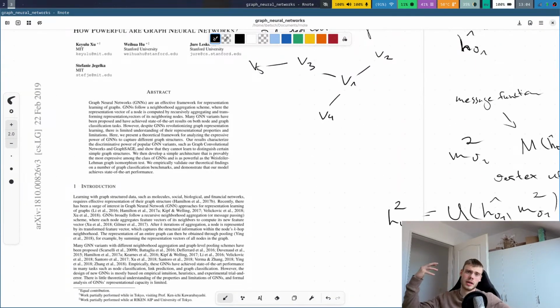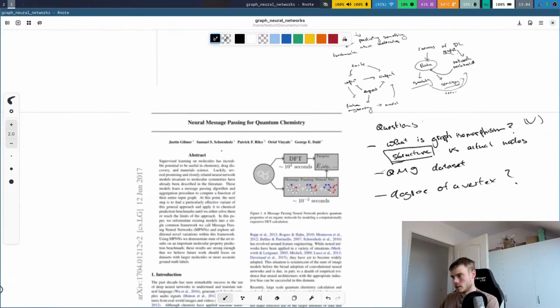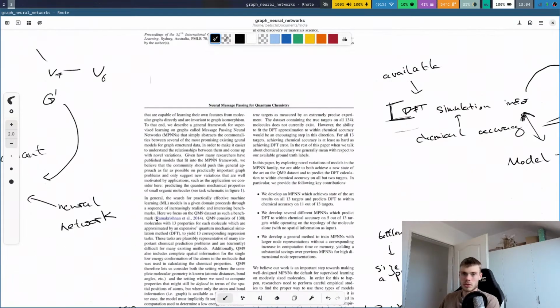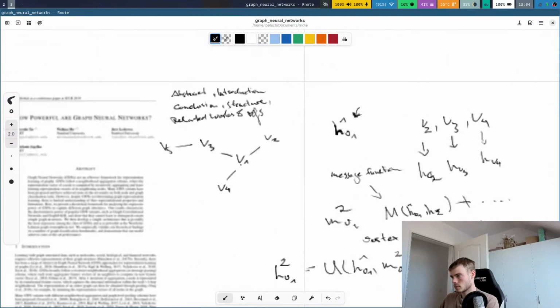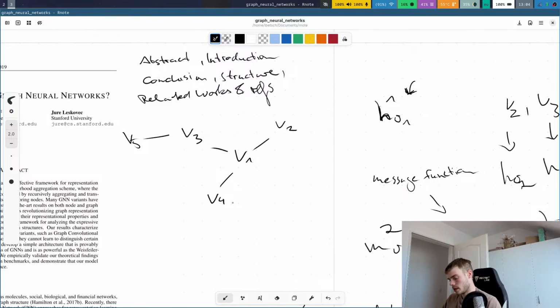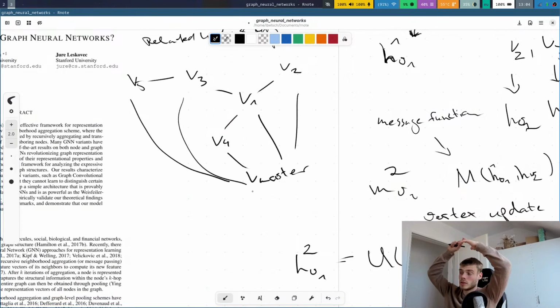We also saw that the message passing neural network they were using in the paper from 2017 were using a master node that is connected to all of the nodes. So they had a vMaster here, and that's connected to V1, V2, V3, to all of them. Because we only do it T times, if we have a very large graph, not all of the messages may end up at the relevant nodes.